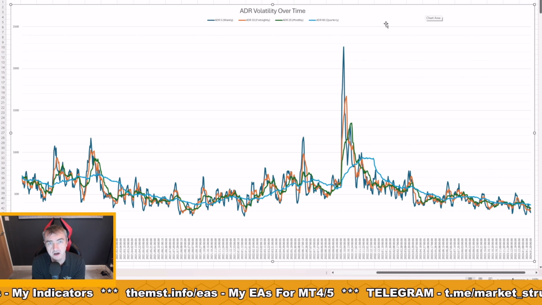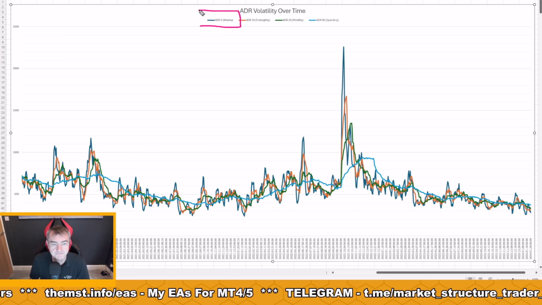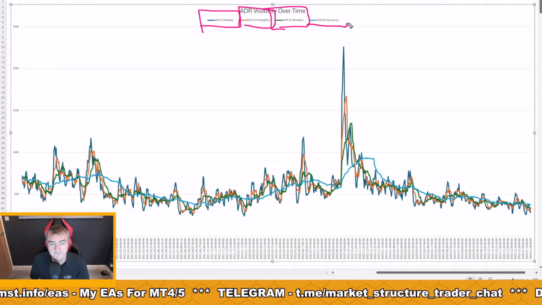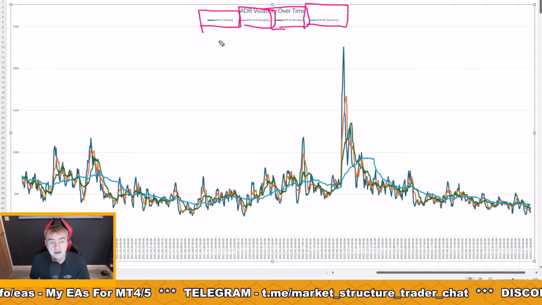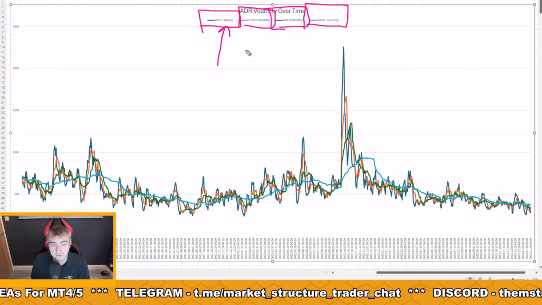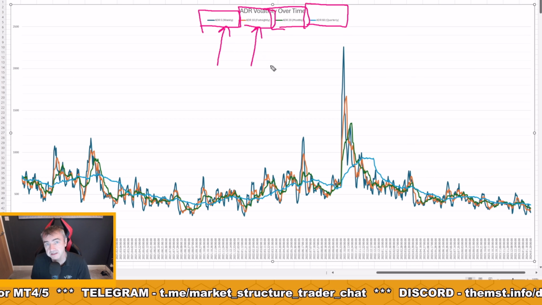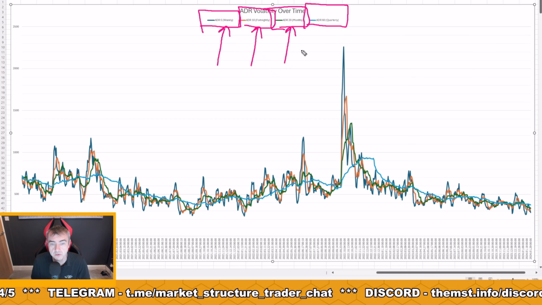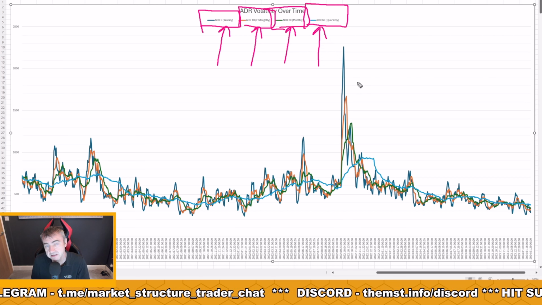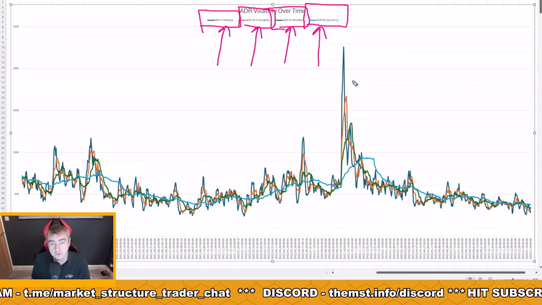You can see on the chart here, we've got an ADR 5, an ADR 10, an ADR 20, and an ADR 60. ADR 5 is the last 5 trading days, so that represents 1 week's worth of movement. ADR 10 represents 2 weeks' worth of movement. ADR 20 represents 1 month's worth of movement, and ADR 60 represents 1 quarter of movement, so a quarter of a year.